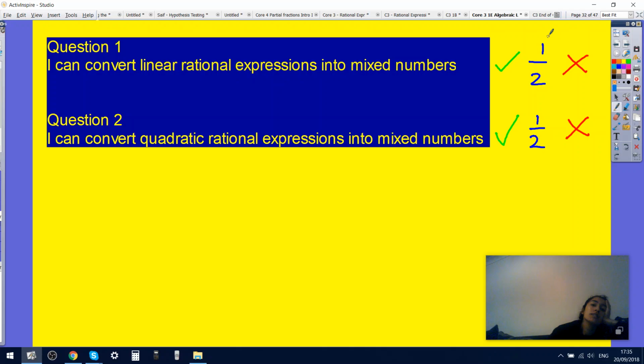Okay, so 2x cubed divided by 2x equals x squared.